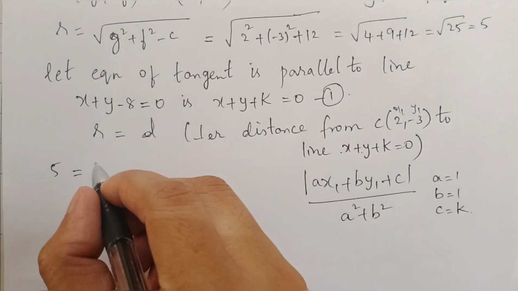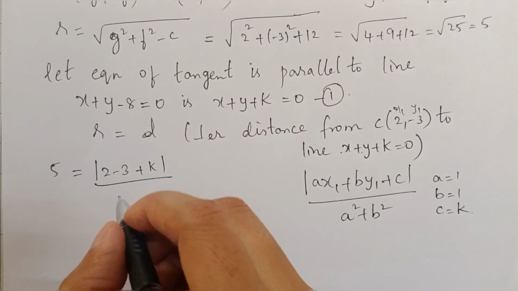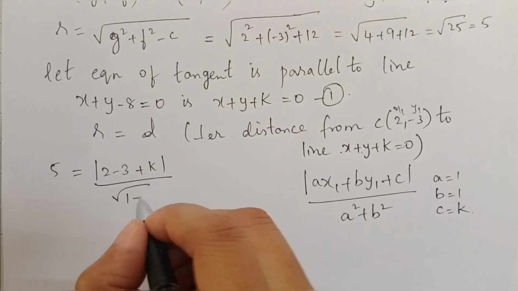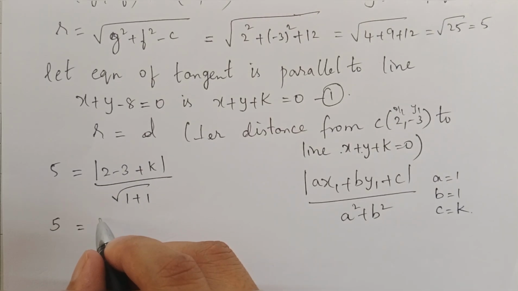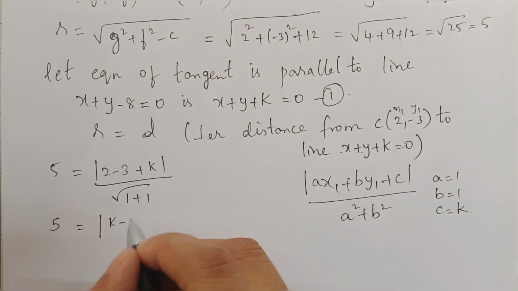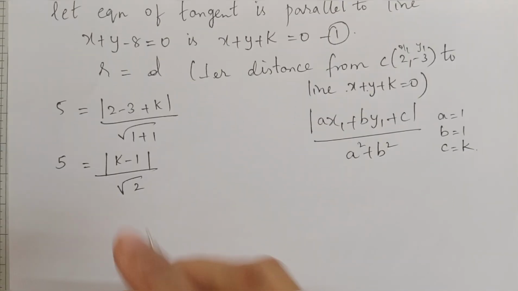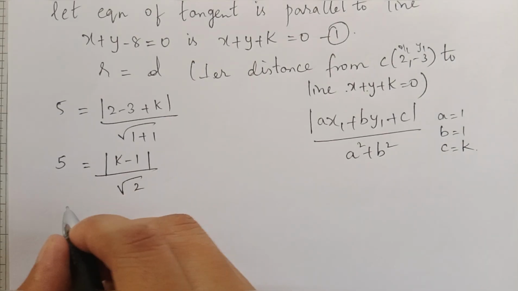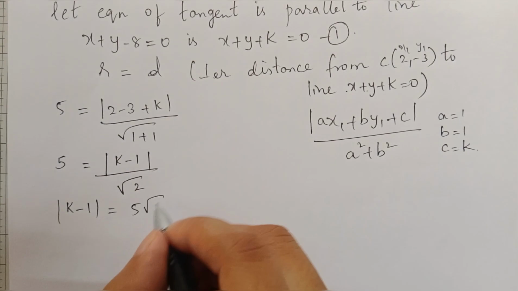We substitute and get 2 minus 3 plus k by root 1 plus 1. So it is 5 equals mod of k minus 1 by root 2. So this root 2 comes over here, so the modulus of k minus 1 equals 5 root 2.